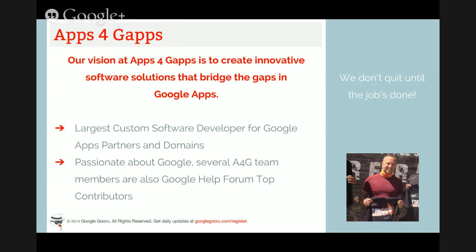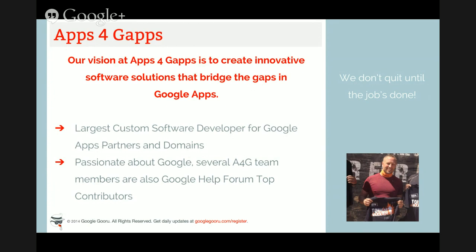We found that there's a lot of things that people, especially in business, want to do that just don't exist in Google yet. So we try to connect the dots and put together solutions that help you help your customers and your users better use Google Apps.